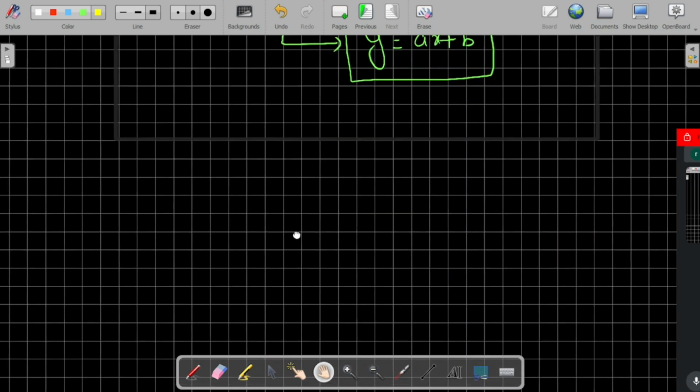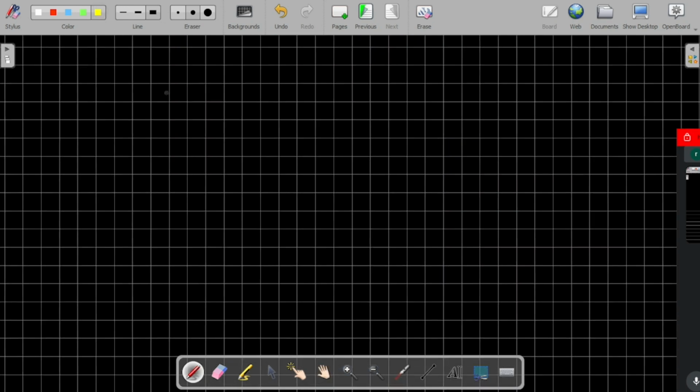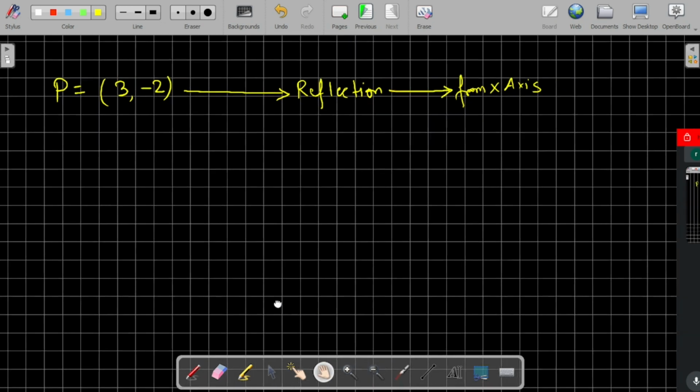Let us take some example. We have a point P equals 3 comma minus 2, and we have to take the reflection of this point from x axis, right?